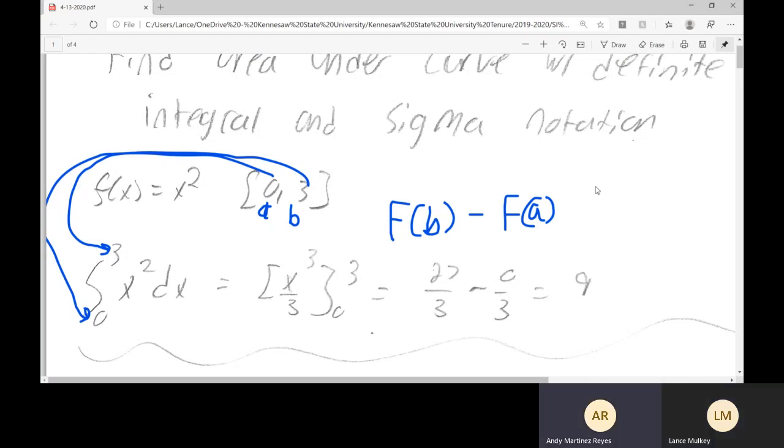So it's the biggest value plugged into the antiderivative minus the smallest value. F of b minus F of a, capital F, the antiderivative. That's all you got to do. And that's instead of doing the sigma notation, right? Yes. See, I did this in one line.